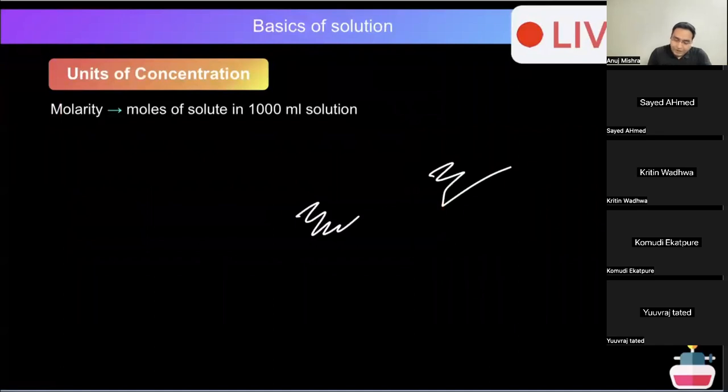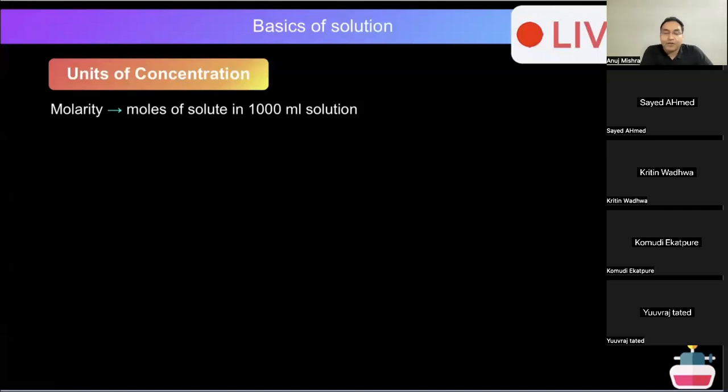So there are certain other units of concentration, and one of them which is highly famous is molarity. Note down the heading, molarity. What is the definition of molarity? How exactly do we define molarity?